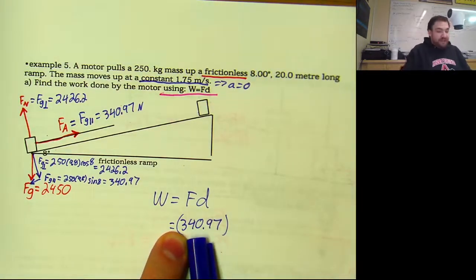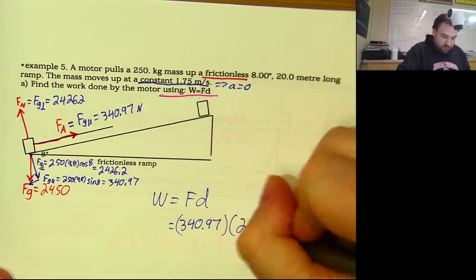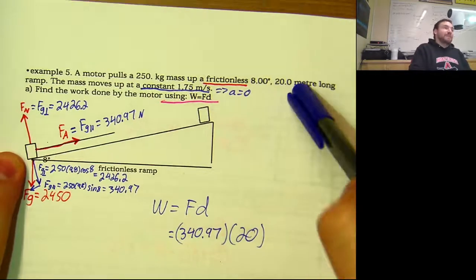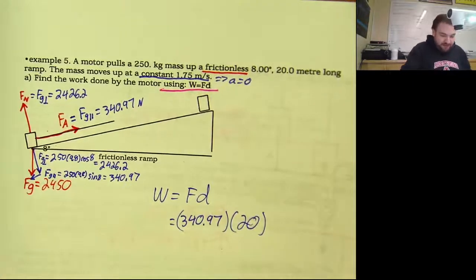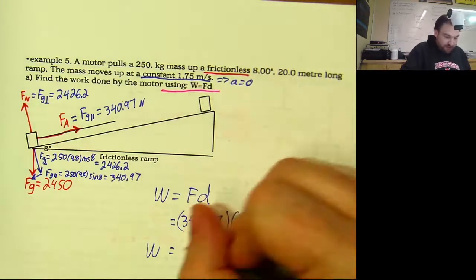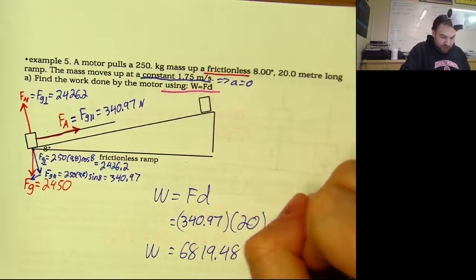The distance is 20. We're given the length of the ramp here. Sorry, Nathan, you said earlier that we had to find the length of the ramp. We're given the length of the ramp in the problem. So I've got this. So we found that work is, if you multiply these things together, you should get 6,819.48 joules of work.